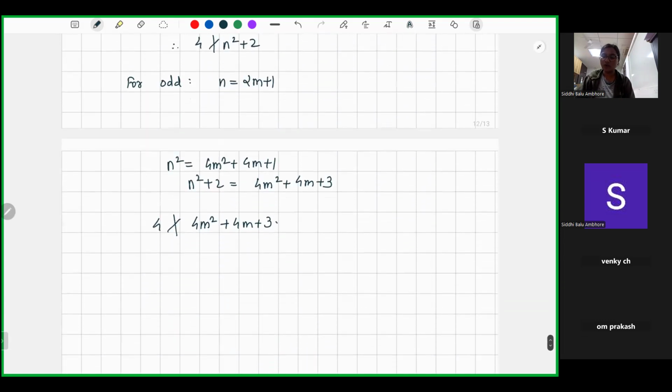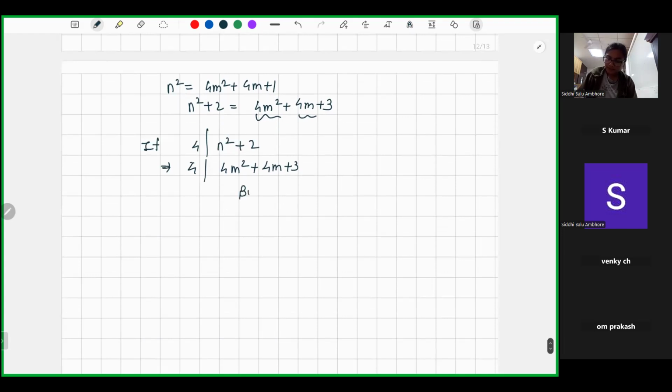In case of odd, it's directly clear that this is true. So 4 does not divide 4m square plus 4m plus 3, because we know that 4 divides 4m square plus 4m. So if 4 divides n square plus 2, this implies 4 divides 4m square plus 4m plus 3.